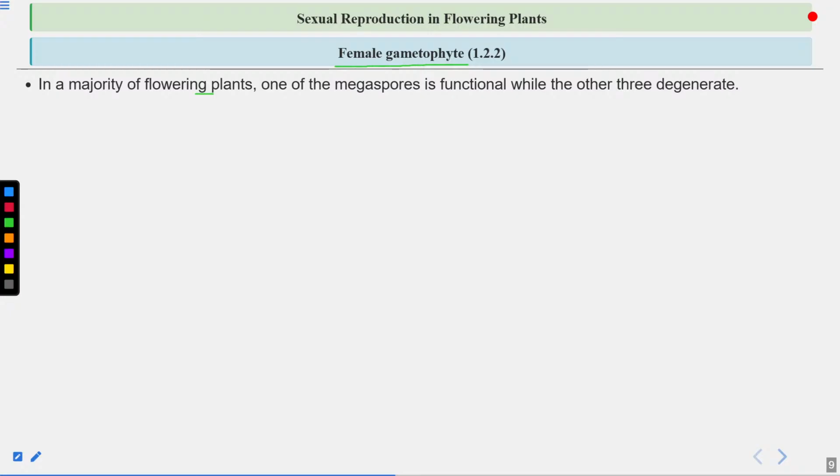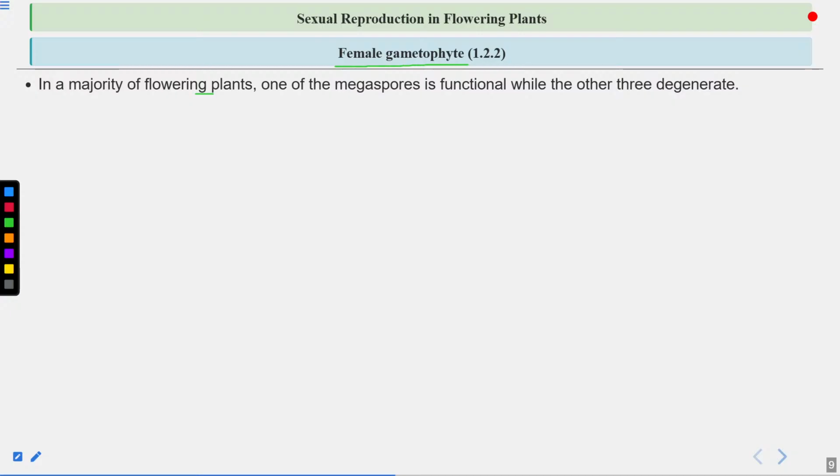Now, I recall one point which I discussed in my second lecture. Do you understand where the nucellus is present? Think about the ovule, the round oval structure. It has the funicle, a stalk-like structure attached to the placenta.